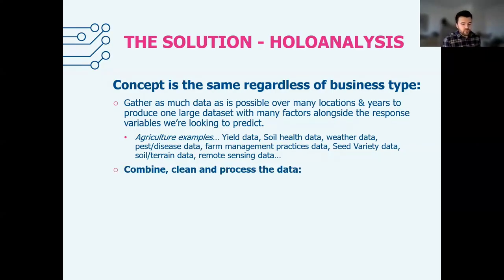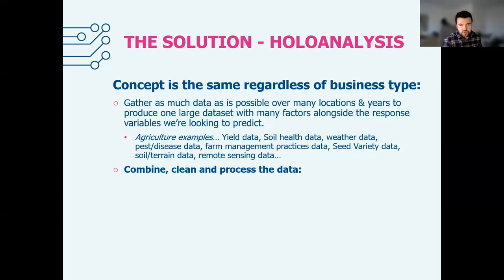As in agriculture, there are so many potential variables that can have an effect on the final yield, it's almost impossible, if not impossible, to really contain all of the information in one data set, but the goal is to get as much data as you can to get a good prediction of the yield.